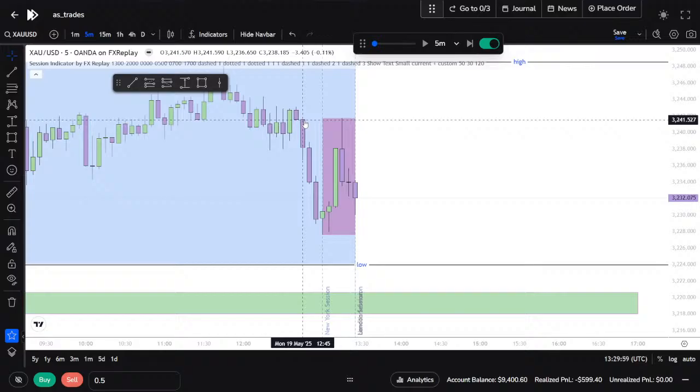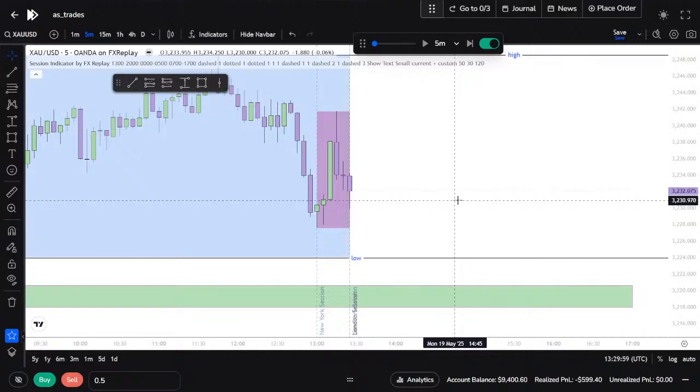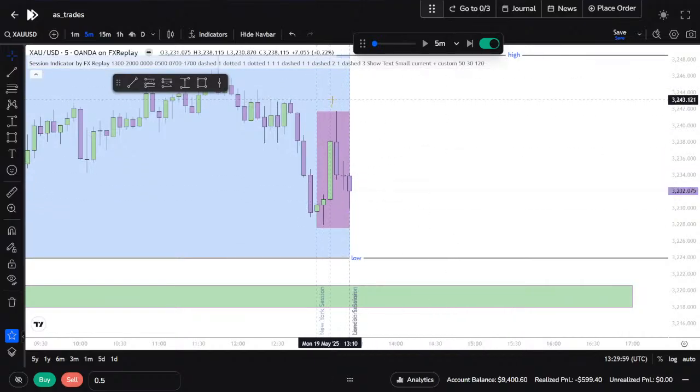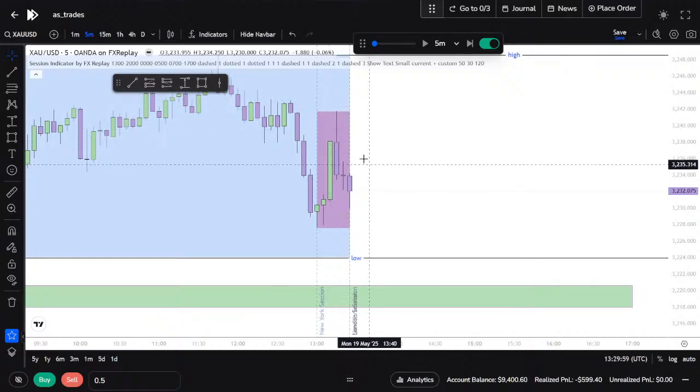It does actually sweep that as well, so it takes out all liquidity. That is a very good sign, very good confirmation, I would say.